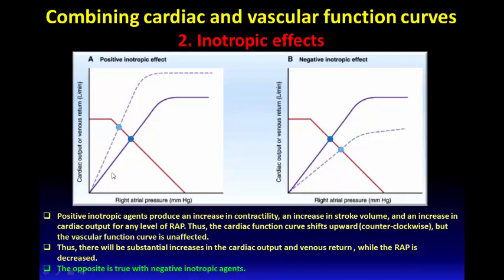The opposite is true with negative inotropic agents. This is the new operating point with the negative inotropic effect, where we have substantial decreases in both the cardiac output and the venous return, while the right atrial pressure is increased.